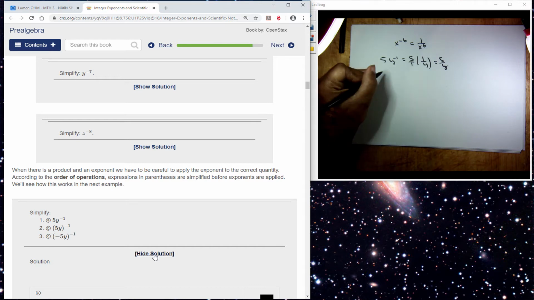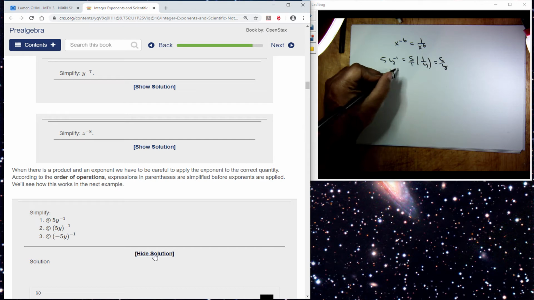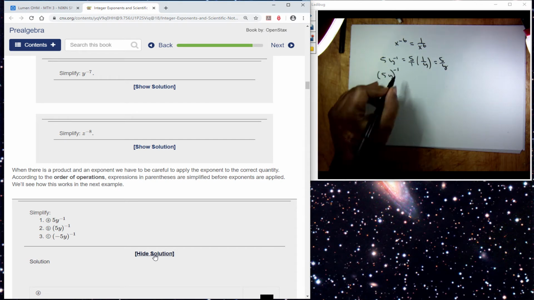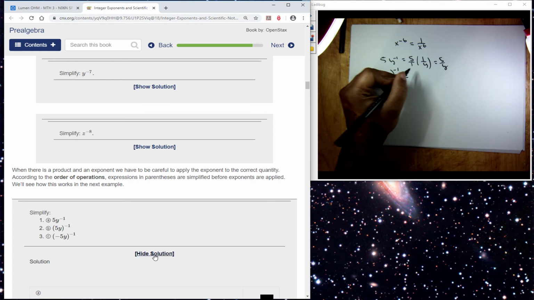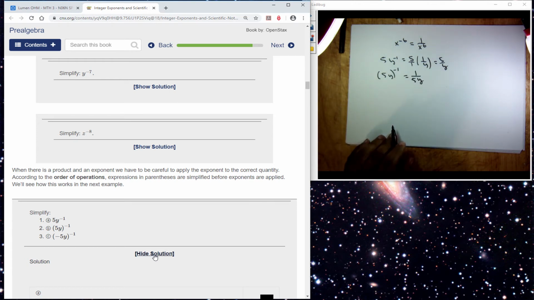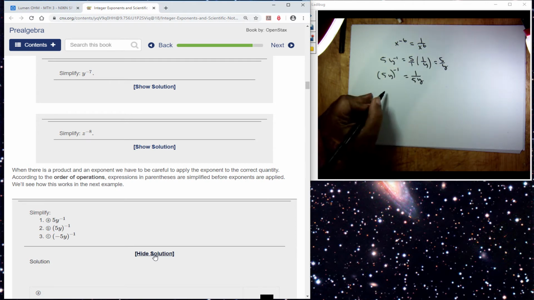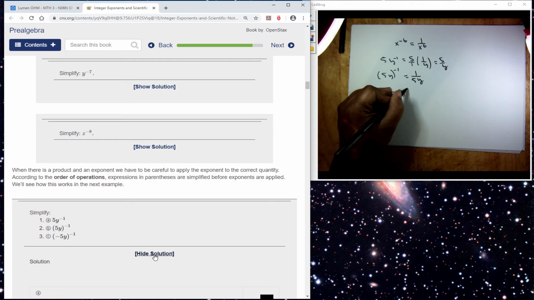The next one we have is the quantity 5y to the minus 1. We can't do anything in here, so we can just rewrite it as 1 over 5y. The next one we have is a negative, quantity 5y to the minus 1.